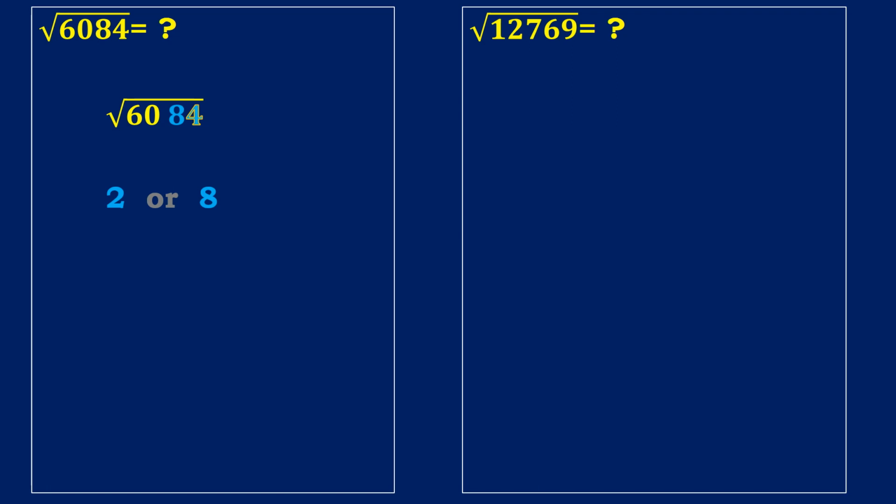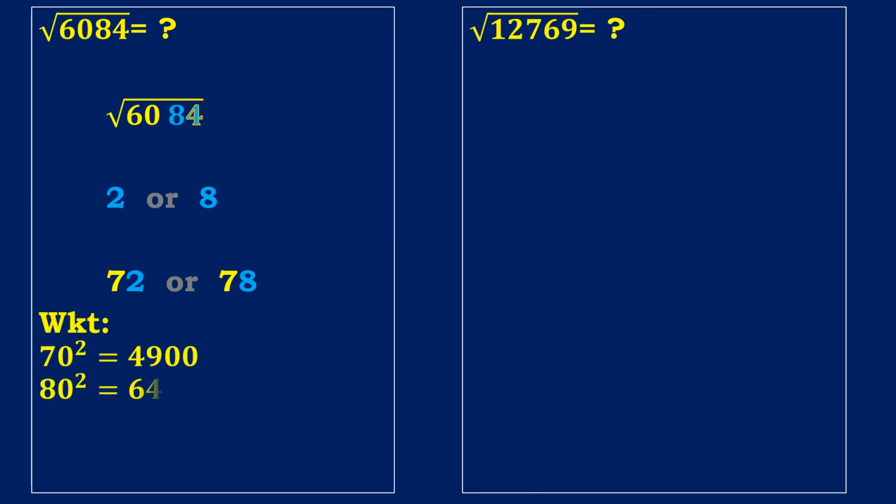If we take 8 squared, it is 64, which is more than 60. So, we take 7 squared, which is 49, which is less than 60. So, the second part of the answer is 7. The answer may be 72 or 78. As we all know, 70 squared equals 4,900 and 80 squared equals 6,400.